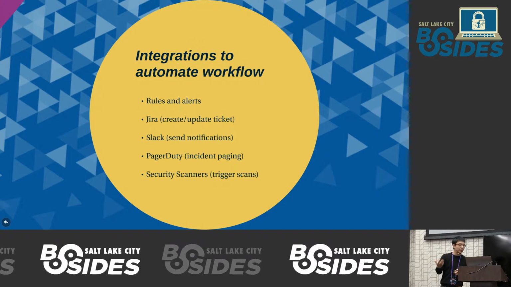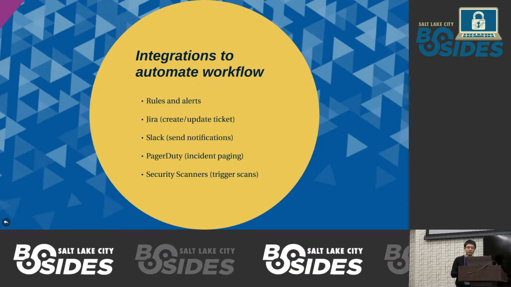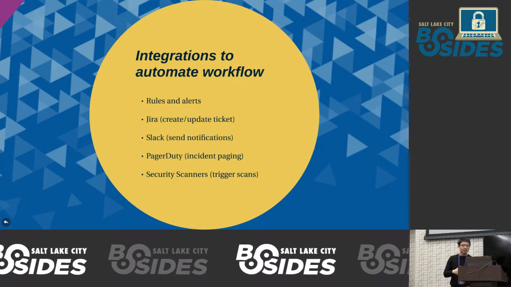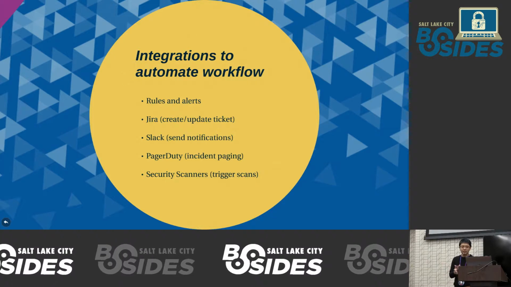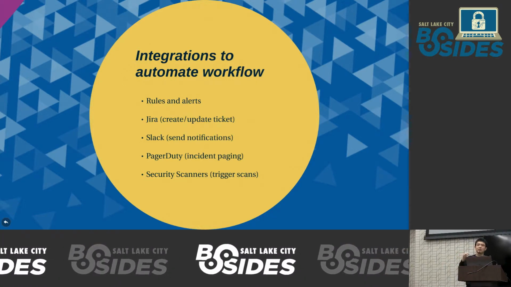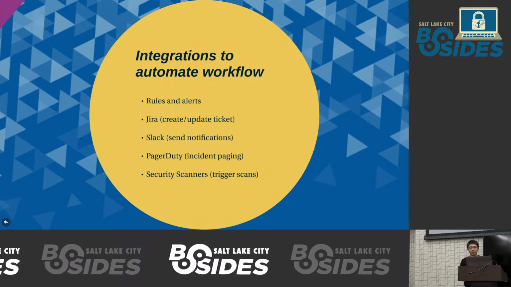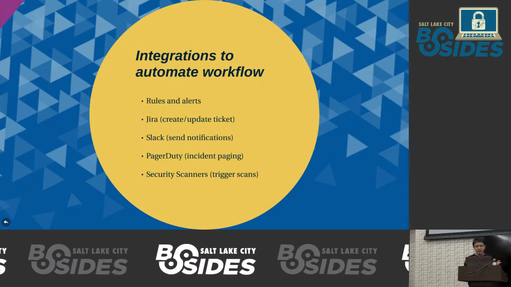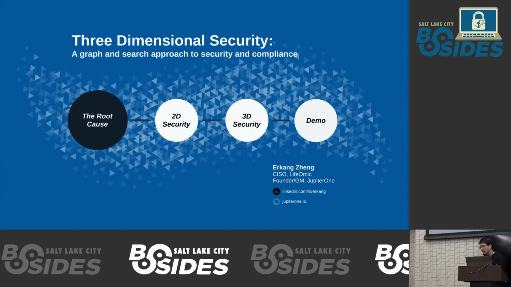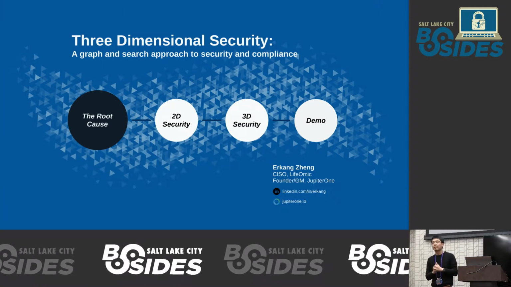And there needs to be integration with things like Jira, create a ticket, update a ticket, send notification to Slack or email, of course, or paging somebody when an incident happens with PagerDuty, and maybe even automatically trigger security scans of a scanner as part of the vulnerability automation. So these are all the things that need to happen in this graph-based security tool.